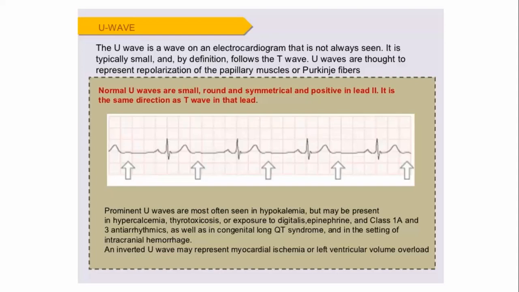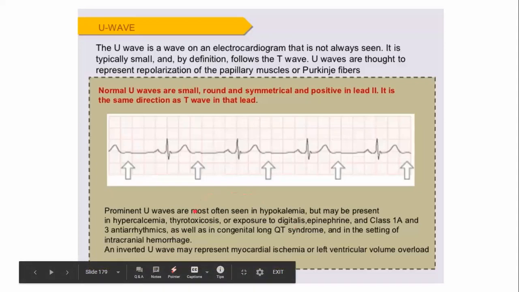But I don't think you're going to see a lot of that on your boards. But you might see something associated with hypokalemia. So just remember, the peaked T waves are hyperkalemia, and U waves would be hypokalemia, and hypercalcemia is fair game, I think, to ask you about.